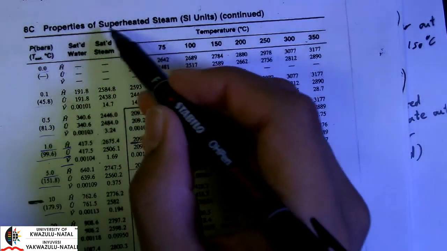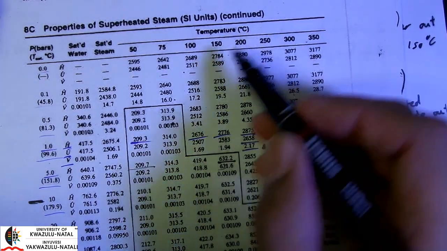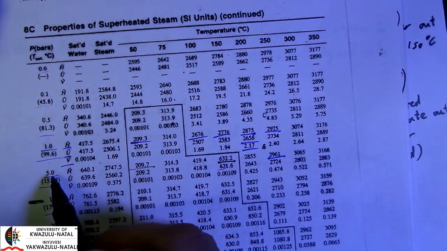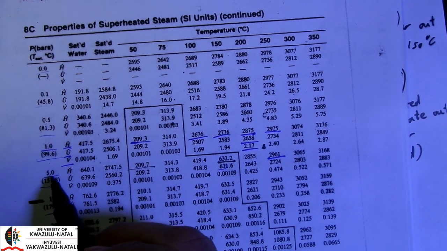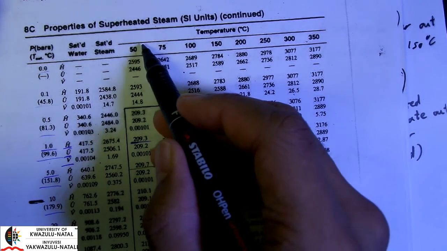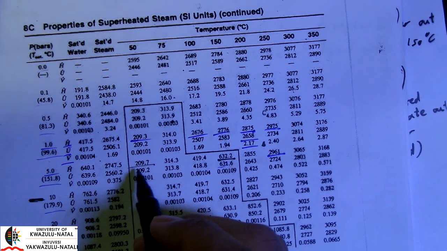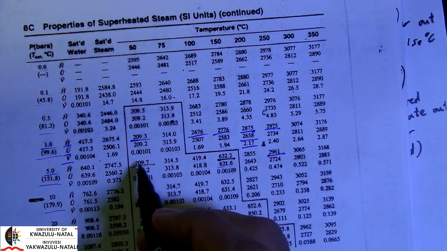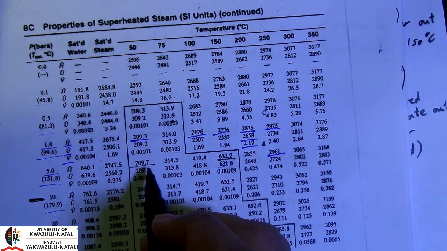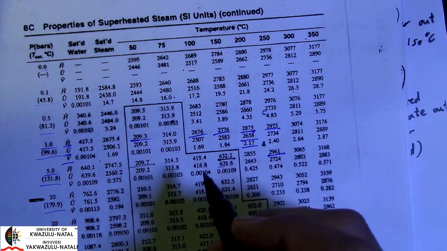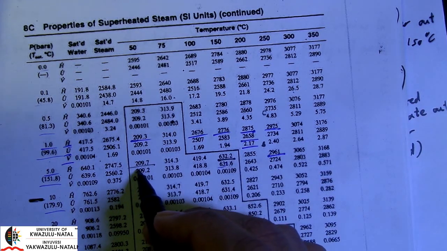Okay, so here's my superheated steam table, and I can check for 5 bar and 50 degrees. So I have a specific enthalpy of 209.7 kilojoules per kg once again.